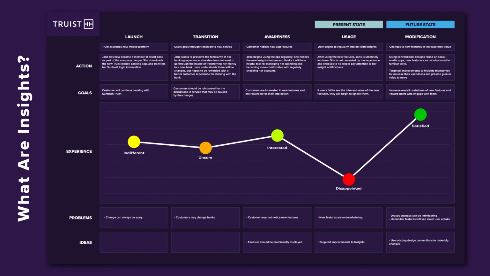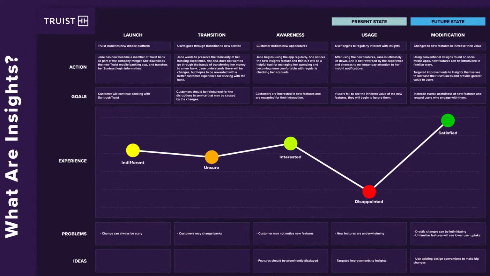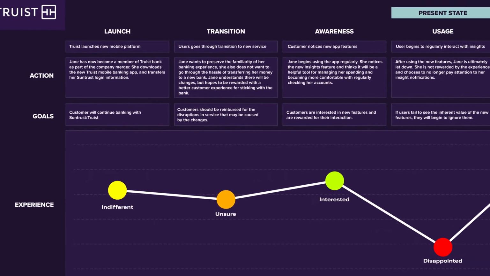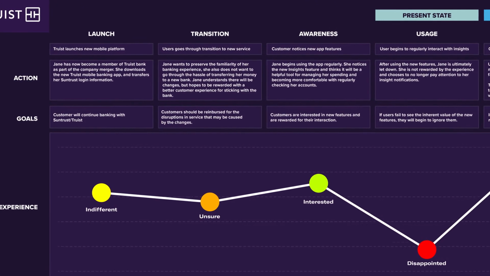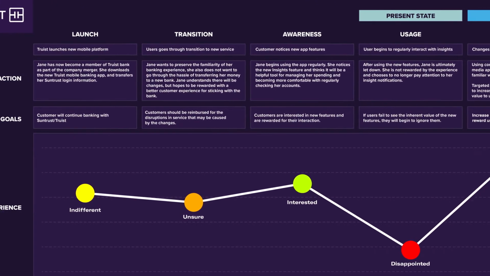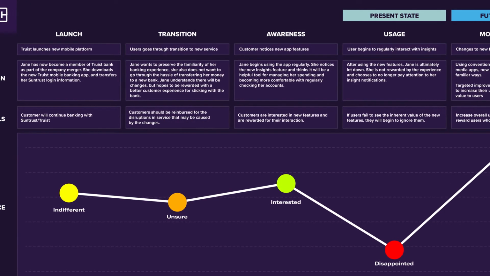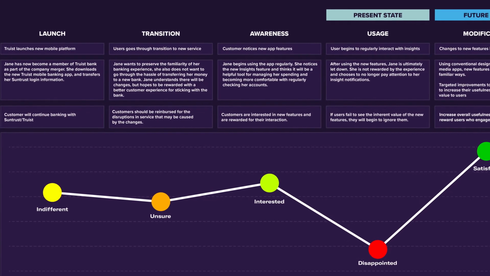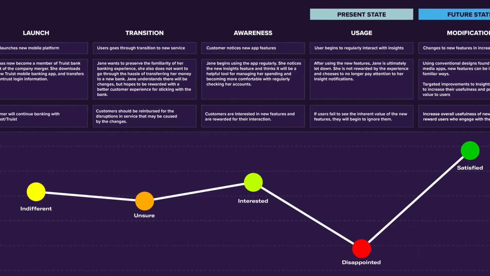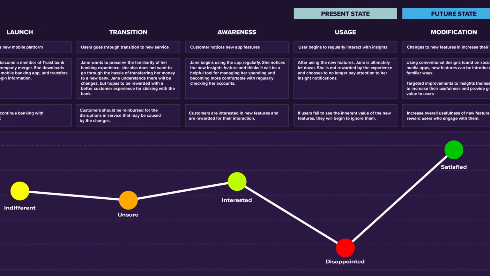When creating my user journey map, I chose to follow Jane Doe's perspective while she became familiar with the app for the first time. It starts with Jane becoming interested in Truist after the merger is announced. She is unsure what this means to her as a customer. Upon downloading the new app, she is initially confused by some of the changes to the UI. Eventually, she becomes frustrated and feels the changes were unnecessary.